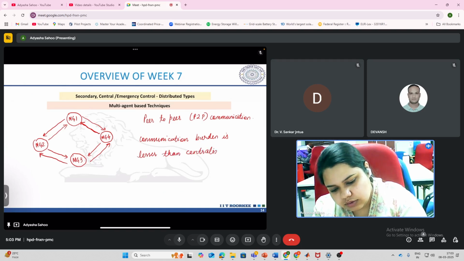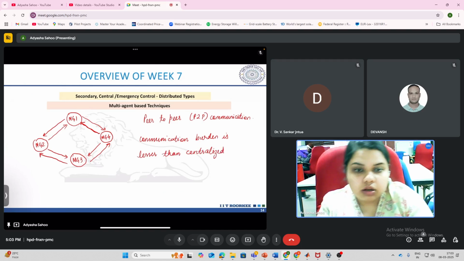Although since it is a smaller system, the effect is not that evident here. But if you go for a very large, complicated system with a very large number of microgrids, then the number of communication rounds required in P2P communication is less than in the centralized approach. So without the need of a global controller, they can communicate with their neighbors to meet the overall global targets.